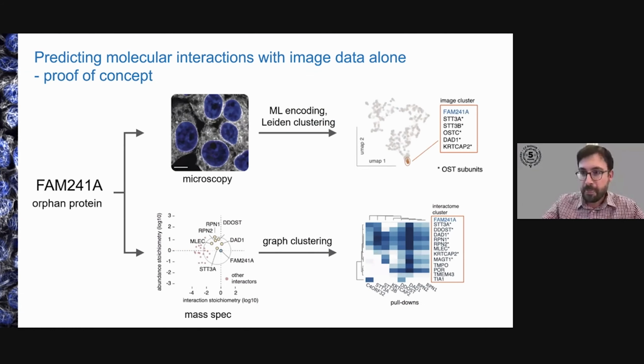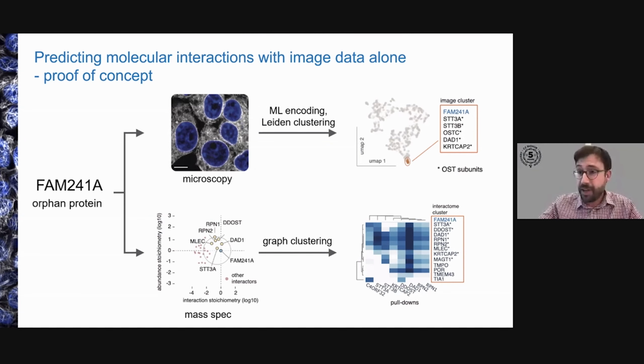Next slide. And just to illustrate an application of this idea, we took a protein that was completely uncharacterized. It's called FAM241A, fairly barbaric name, which again represents the fact that nothing was known about this protein. We tagged it, we measured its spatial distribution, and we fed that to our machine learning algorithm, which came up with a very specific prediction, which is that this protein would be part of a complex called OST, which is the glycosylase at the ER membrane.